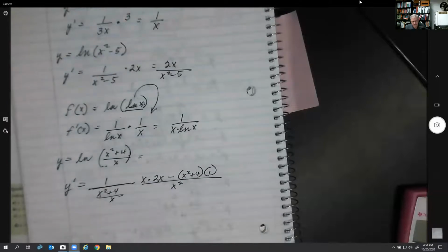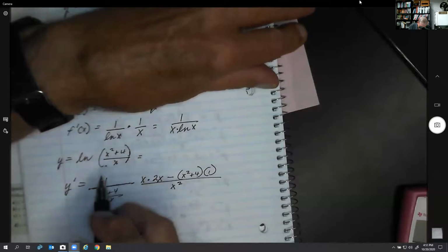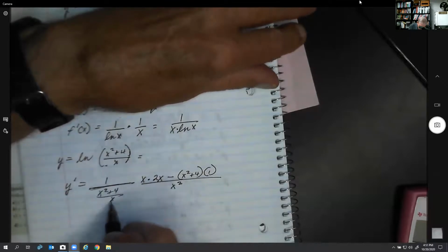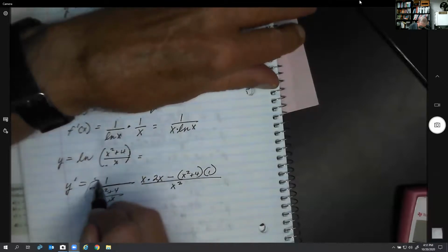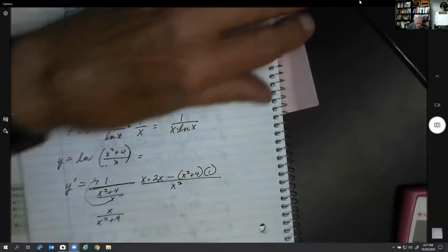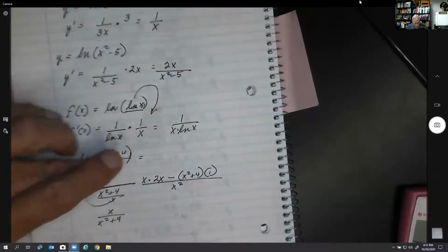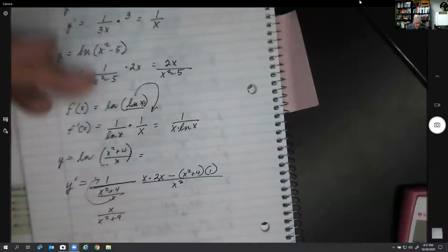What a mess. Okay. Well, first of all, a little trick on this is if you have a triple decker like this, we can flip this over, put the x on top. So this is x over x squared plus 4. It's a reciprocal. It's saying 1 over this. 1 over this is the reciprocal.